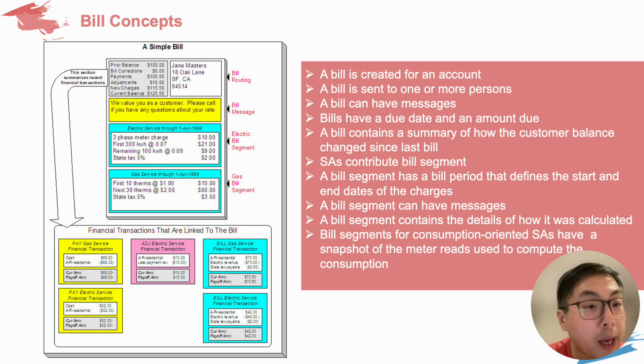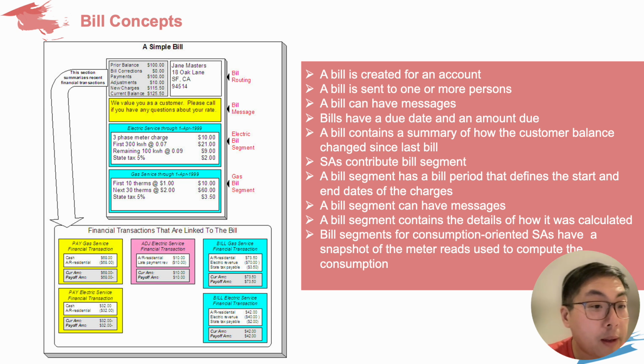Next, we can have different bill segments. In this bill, we have two bill segments, one for electricity and one for gas. Now remember, a bill segment is normally based on the service agreement. So in this case, we generate one bill for an account which has two service agreements, one for electricity and one for gas.